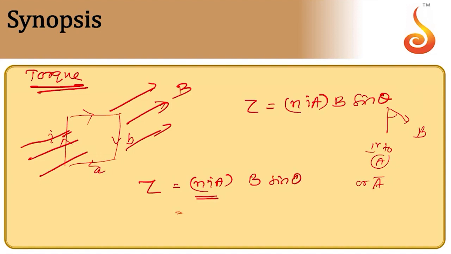But this NIA is nothing but magnetic moment M. So I can write it as MB sine theta, or in terms of cross product, M cross B. So torque on a current loop is given by M cross B. Thus, in a uniform magnetic field, a current loop experiences a torque which is given by M cross B. And under the influence of this torque, a current loop may undergo a rotation.